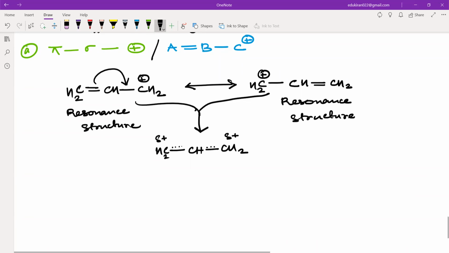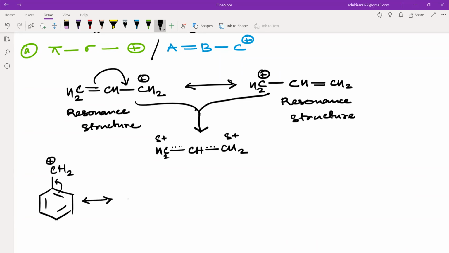Now another example you can write is if you have a benzene ring and there is a CH2 positive. Then what will happen? This pi bond will move here and it is going to make a double bond with CH2.